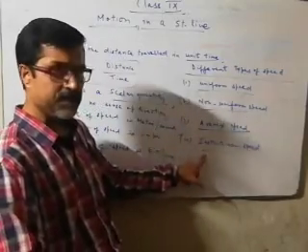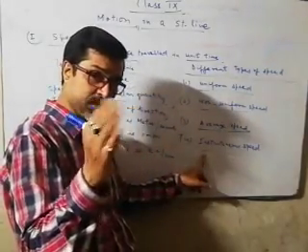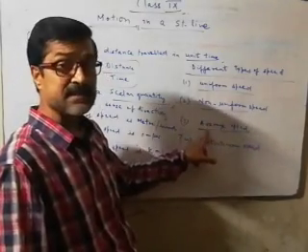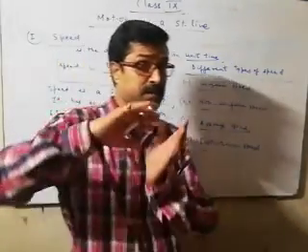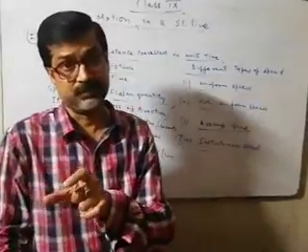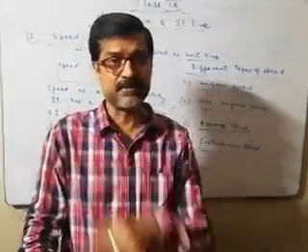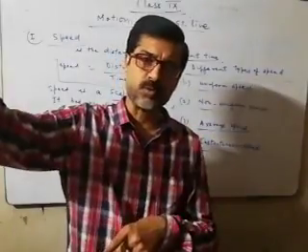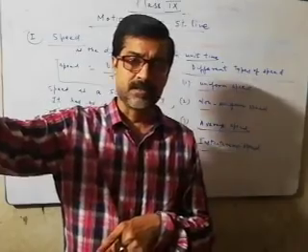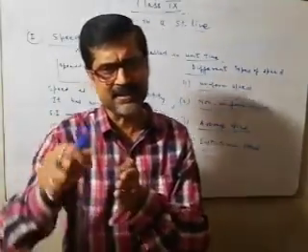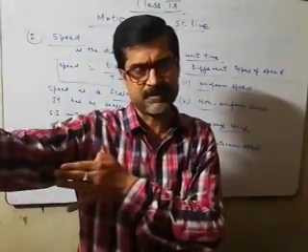So instantaneous speed is measured by the speedometer of the vehicle, and average speed is actually the total distance I travel and the total time I took. If we divide, we'll get the average speed of my journey from my home to school. Because from my home to school I am driving my vehicle at different speeds.